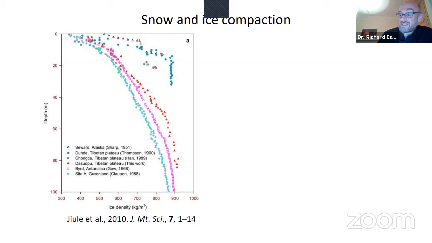Fresh snow can have densities as low as 50 kilograms per cubic meter and compacts very quickly as the grains round and can compact more closely. 550 kilograms per cubic meter is about as high a density as you can reach by just packing ice spheres randomly. And after that, the compaction slows down because the ice has to deform to become more compacted. Another important transition happens around 830 kilograms per cubic meter, because that's the point at which air bubbles between the ice grains close off and air becomes trapped inside the ice.